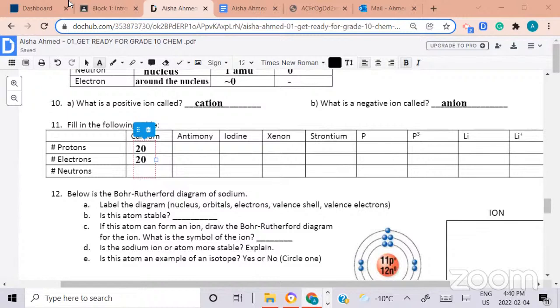So you have 40 minus 20, so it's 20. It makes sense because what makes up the weight of the calcium is the protons and the neutrons. The electrons don't add any weight to the atom, it's almost zero. So just write 20 there.